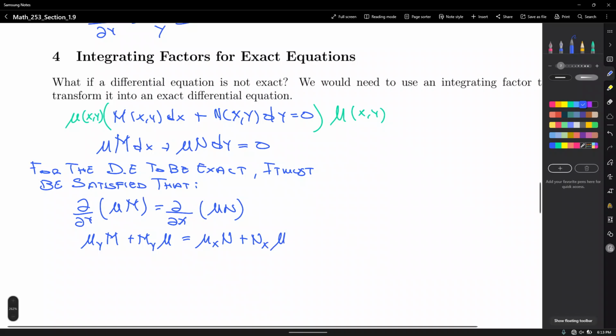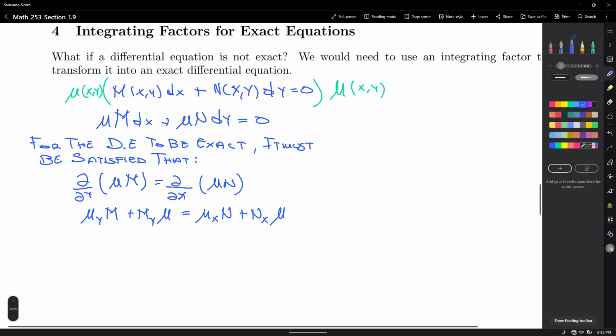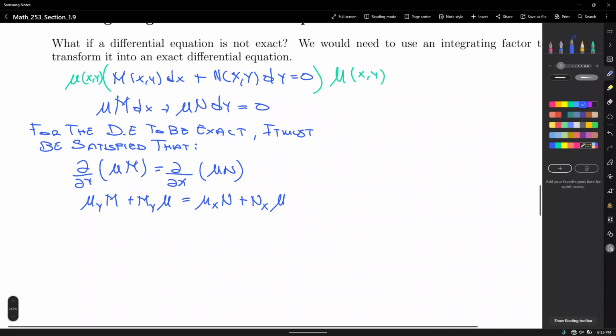However, we have a big problem here, okay? Well, number one, let me solve for mu. Let me have all terms containing the mu. I'm going to move this term to the right hand side, and that term, this one right here, I'm going to move to the left.